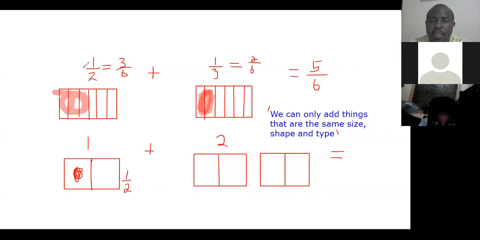By doing what? What mathematical operation did we do to get 3? Adding 2. And what did we do to the bottom here to get 6? We multiply by 2. 2 times 2 gives us 6?